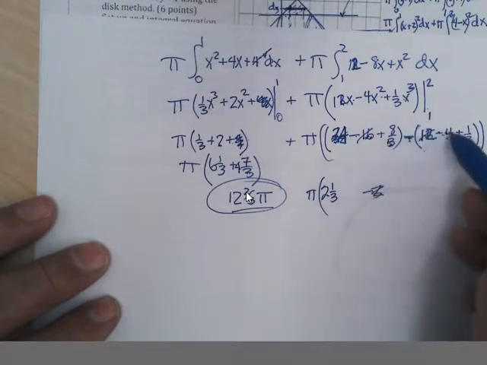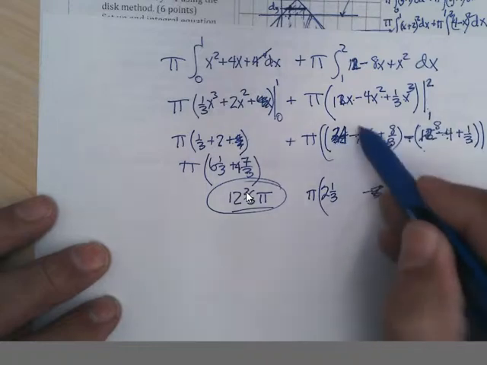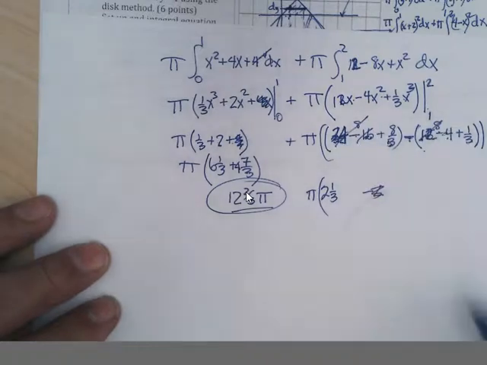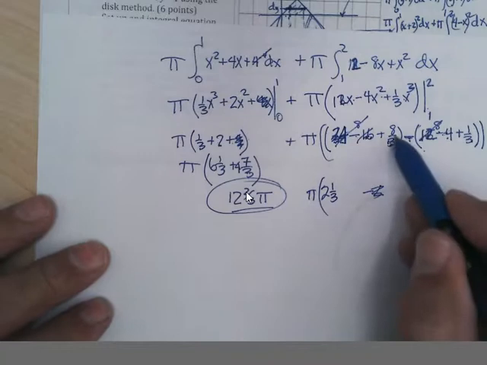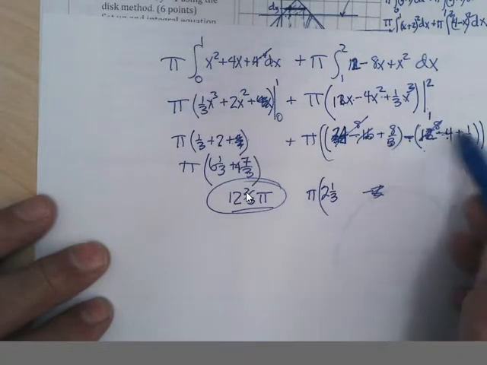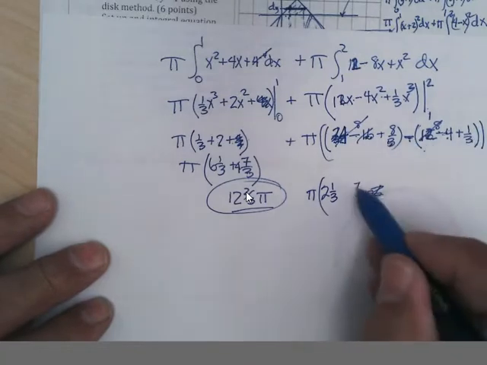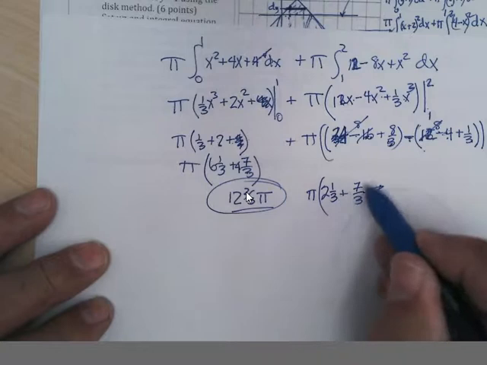Minus 12, let's see, 12 minus 4 is 8, and 24 minus 16 is 8, so the 8's cancel. So I just have the 8/3 minus 1/3, so I have 7/3.